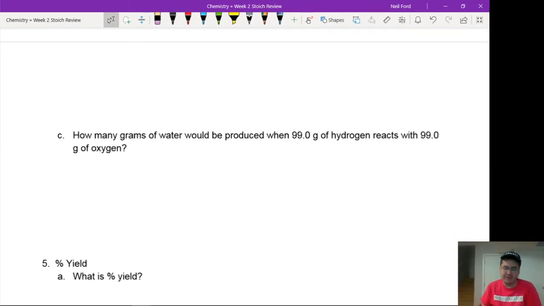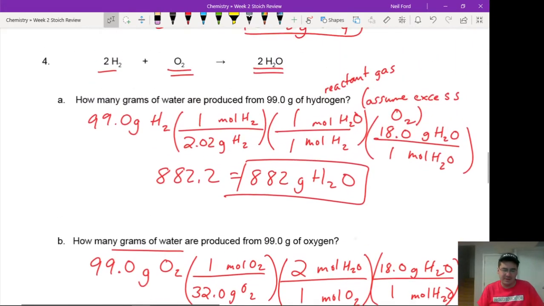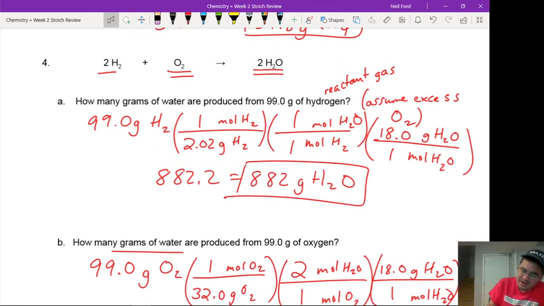Okay, C. How many grams of water would be produced when 99 grams of hydrogen reacts with 99 grams of oxygen? Okay, so this one is just building off of the last one. If you have 99 grams of hydrogen and excess oxygen, you could create 882.